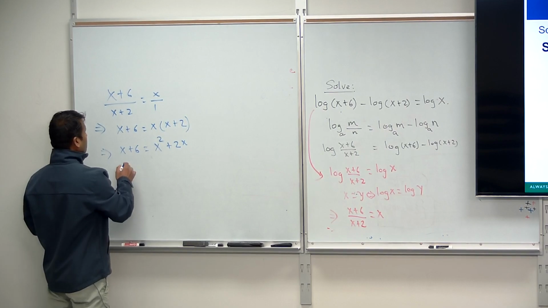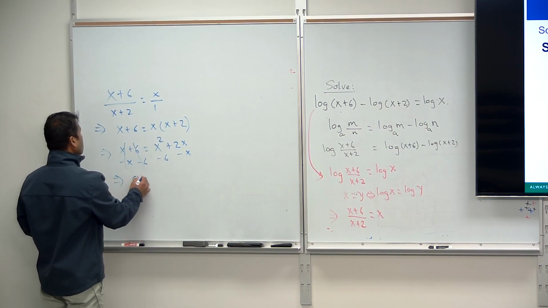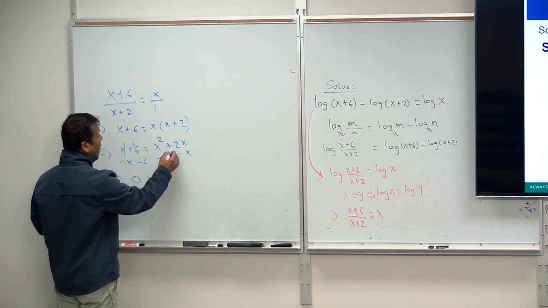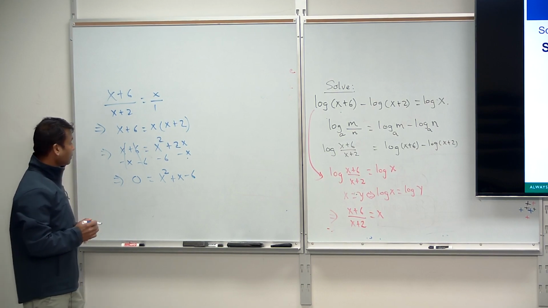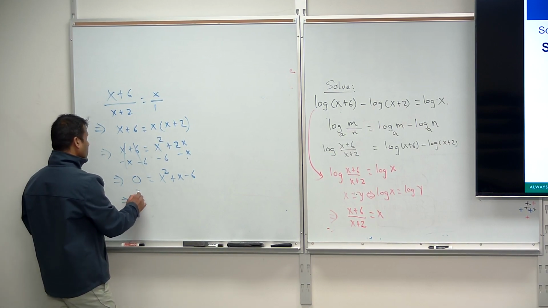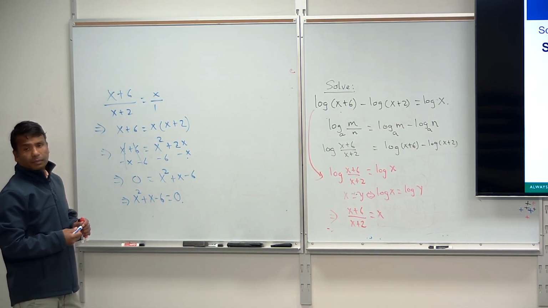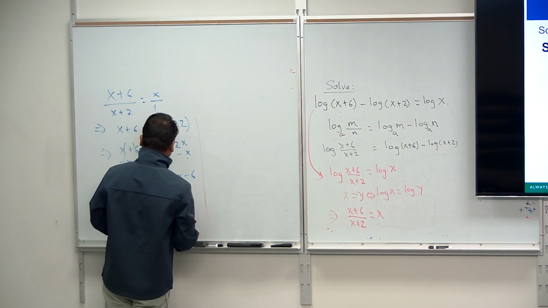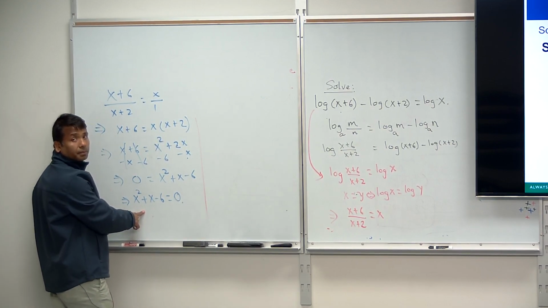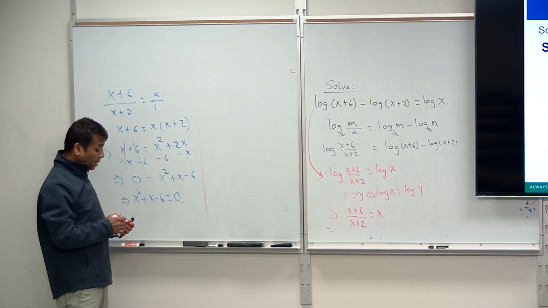So you subtract x and subtract 6, you cancel that, right? So 0 equals x squared plus 2x minus x, which is x, minus 6. So you'll have x squared plus x minus 6 equals 0. Make sense? And then you factor this.